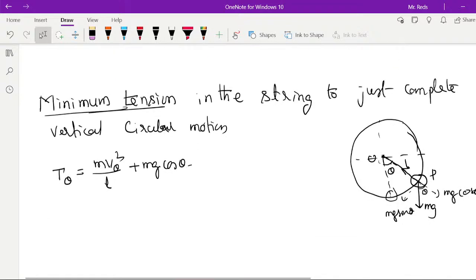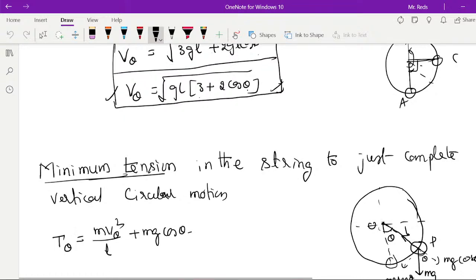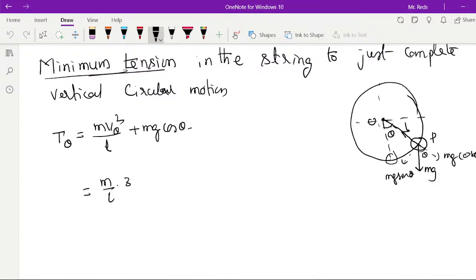If you substitute that and simplify, this is equal to m by L into v theta square, which is gl into 3 plus 2 cos theta, or 3gl plus 2gl cos theta, plus mg cos theta. Now this is T at any angle theta. Now if you multiply, m by L, L gets cancelled, you will get 3mg plus, here also L gets cancelled, 2mg cos theta, right?